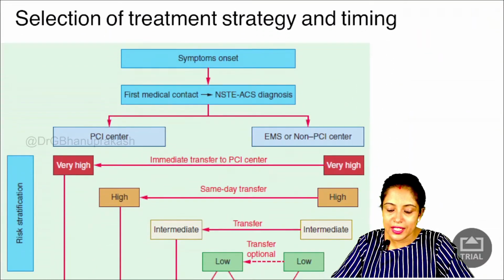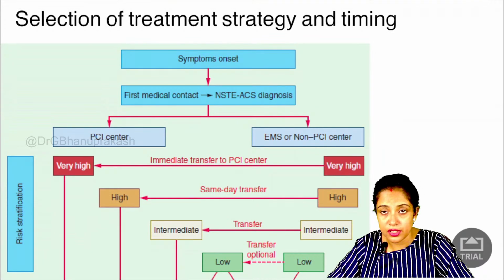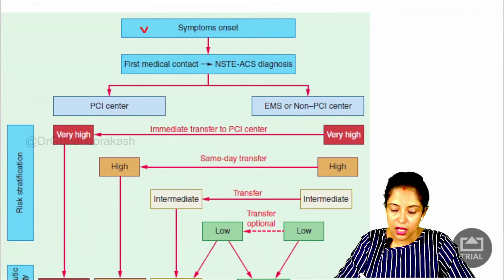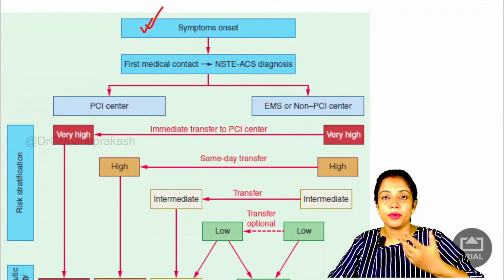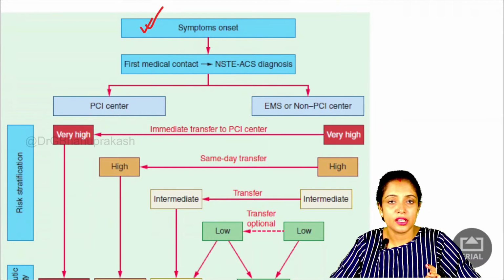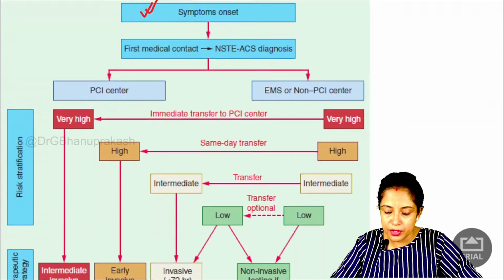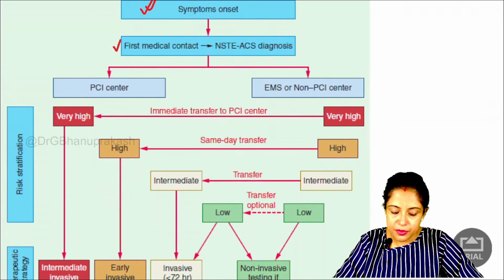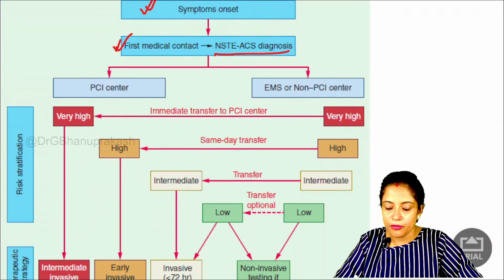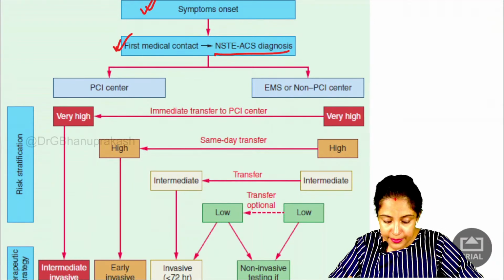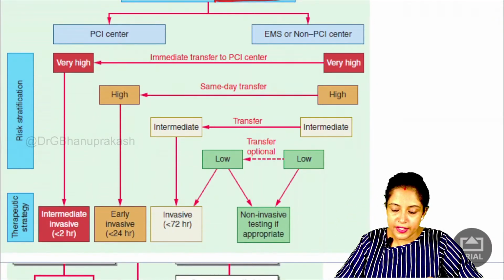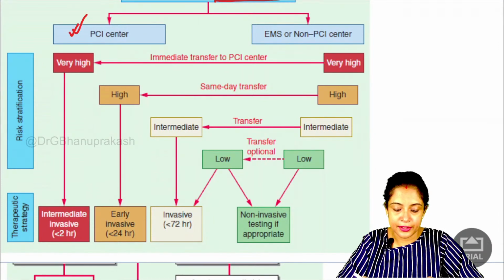Now, how do you select the treatment strategy for revascularization? This actually depends on the risk stratification I have mentioned. After symptoms, the patient will present to the hospital or the emergency medical team will go to the patient. After the first medical contact, the diagnosis is made.